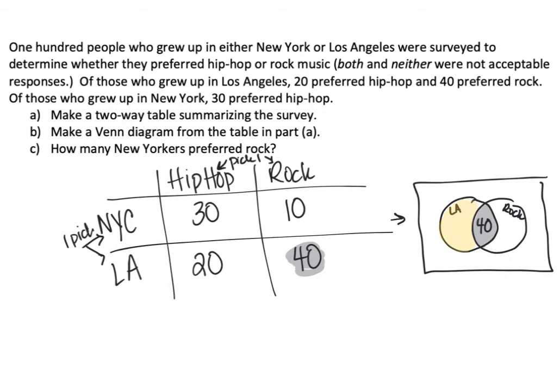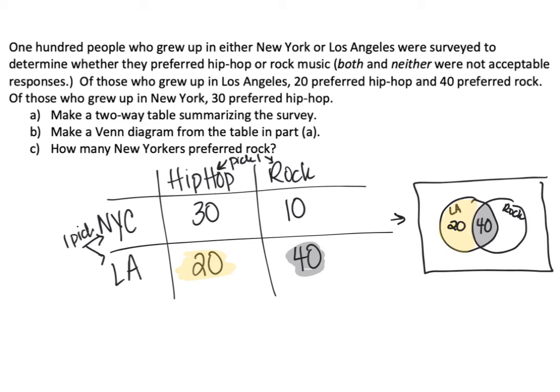These people are the people who preferred not rock music, which in this case would be hip hop, but also lived in LA. They're in the LA circle, but they're not in the rock circle. So those would be the other 20 people from LA. Those are the ones who did not like rock, but did live in LA. So we'll put 20 there.